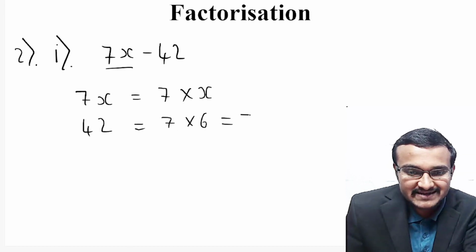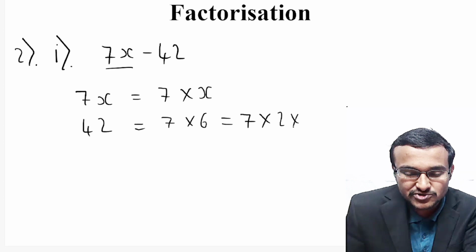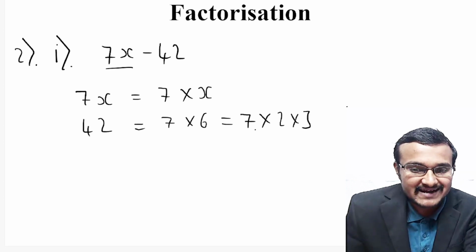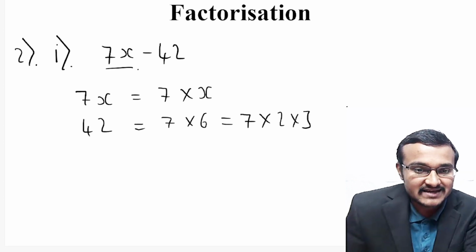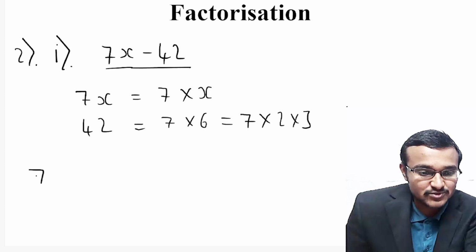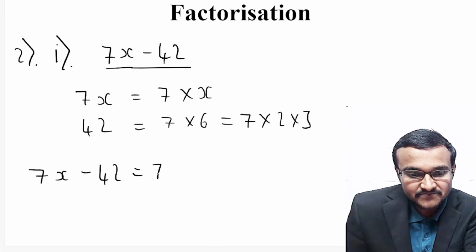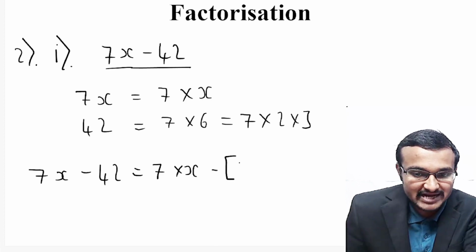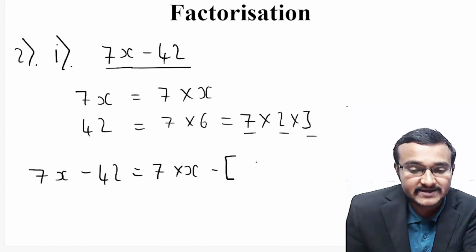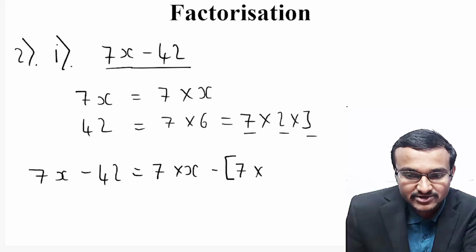This can also be written as 7 into 2 into 3. Here you can write these particular numbers in this particular binomial. That means you can substitute this. 7x minus 42 can be written as 7 into x minus 7 into 2 into 3. So 7 into 2 into 3 you can write in the bracket.